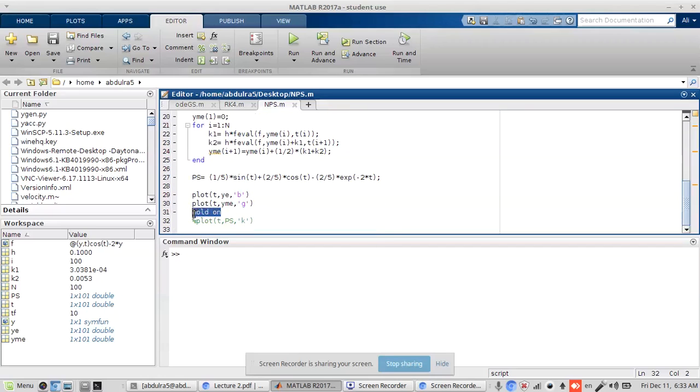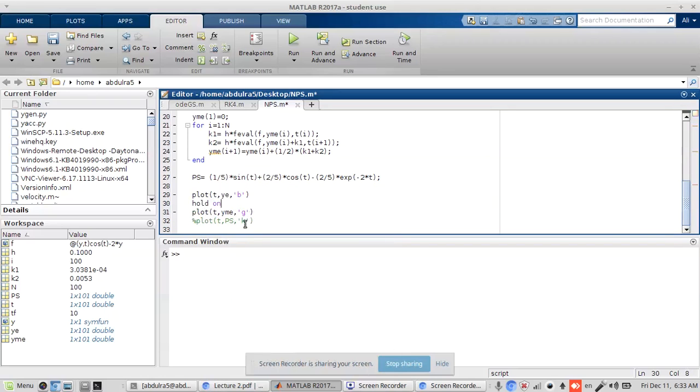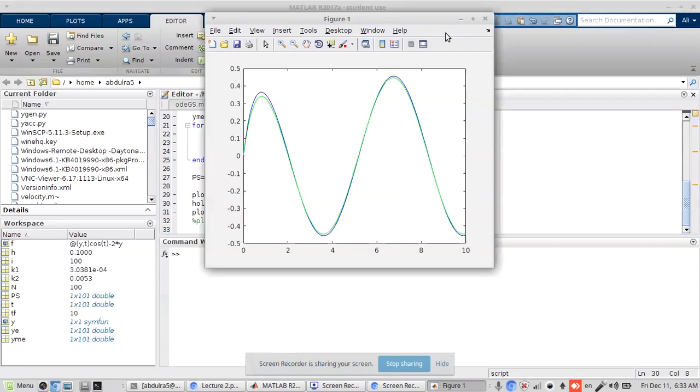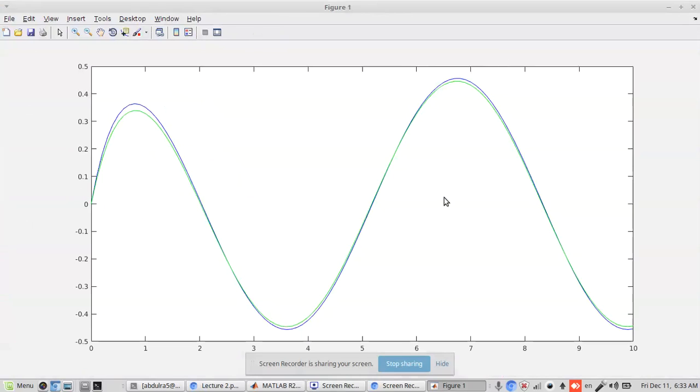Even for n equals 100, I have some differences between Euler, the blue one, and the modified Euler, I mean the solutions of these two methods.